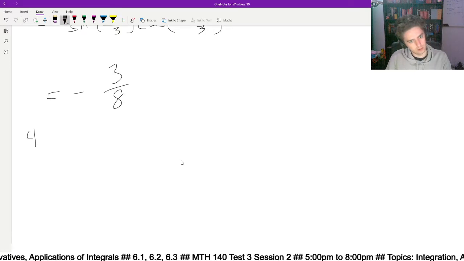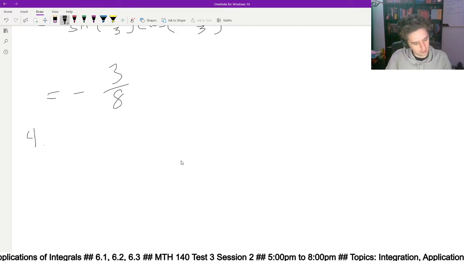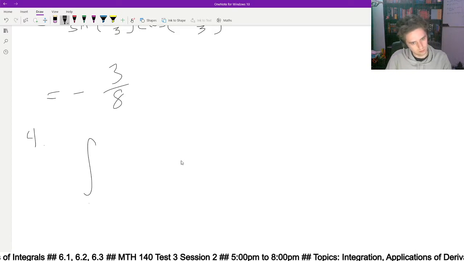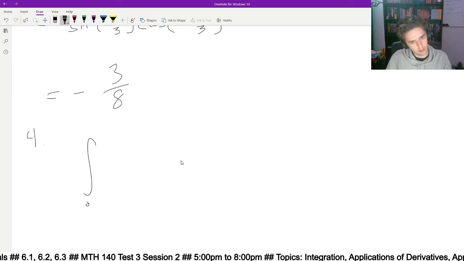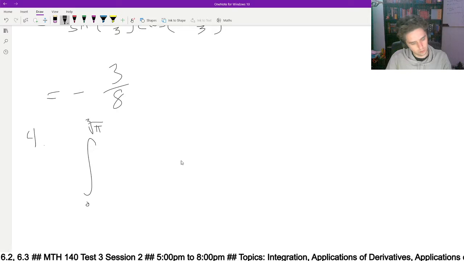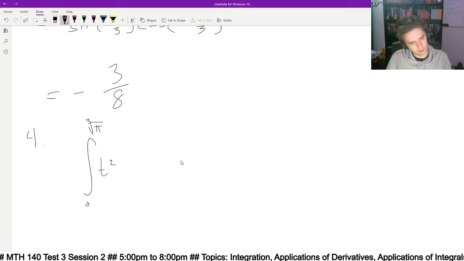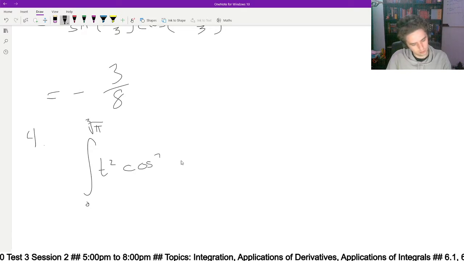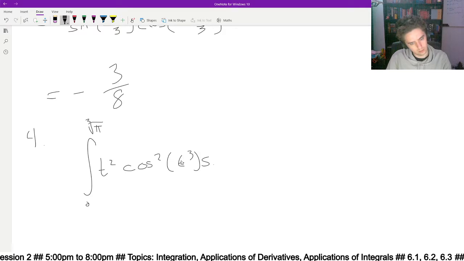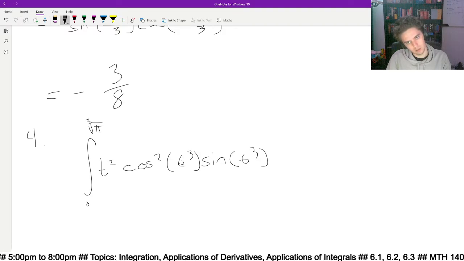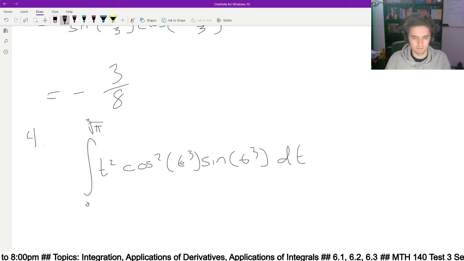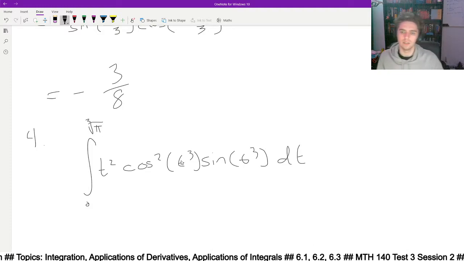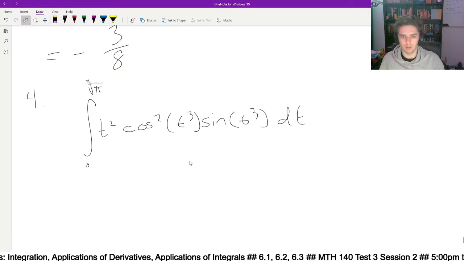Number 4 is evaluate the integral from 0 to cube root of pi of, this is directly from the textbook, I think, cos squared t cubed sine t cubed dt. Okay, so this will be a u substitution question.